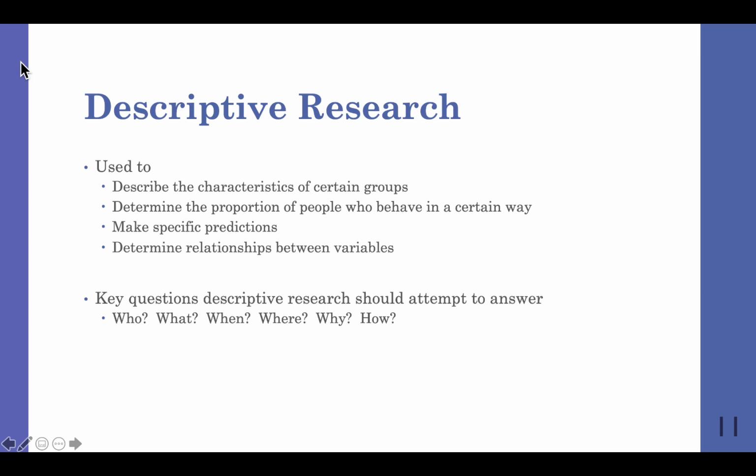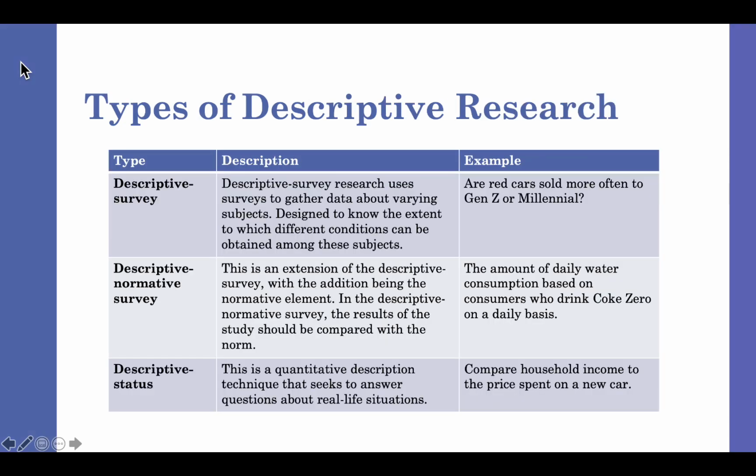Some of the things that we often research in descriptive are the W's: who, what, where, why, when, and how. Descriptive research gives us quantity, the ability to use quantifiable samples or respondents to help us build these relationships and better understand them to help us make better business decisions.